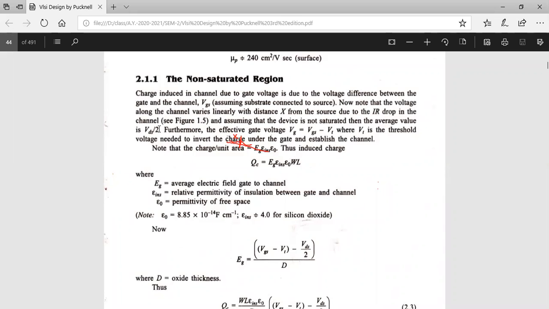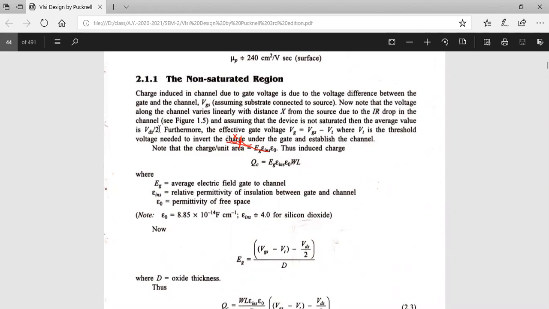Generally, at any point x from source to drain, that particular point may be anywhere in the channel length. It will have an average value of VDS by 2 as long as the transistor is in the non-saturated region.